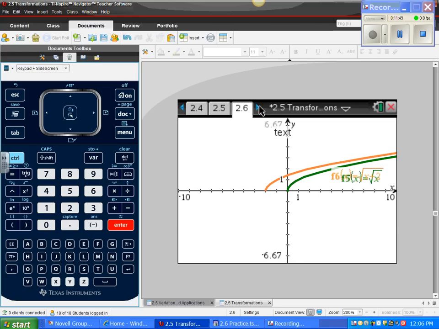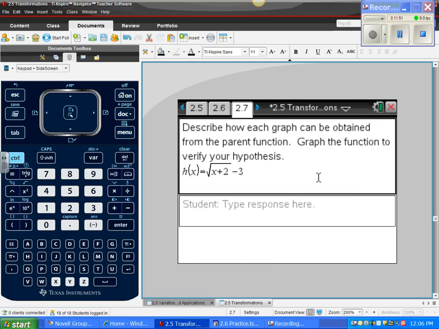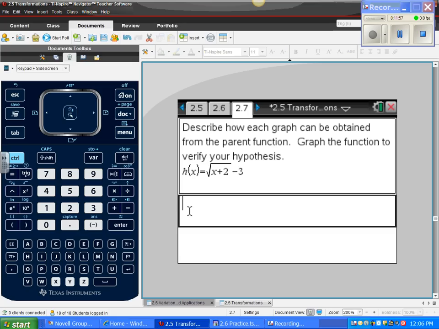Let's try one more of these. Describe how each graph can be obtained from the parent function. Graph the function to verify your hypothesis. Now, this one is unique because we have more than one translation going on here, okay? We are adding to the value of x directly, but we are also subtracting from the entire function h of x. All right, so we actually have 2.